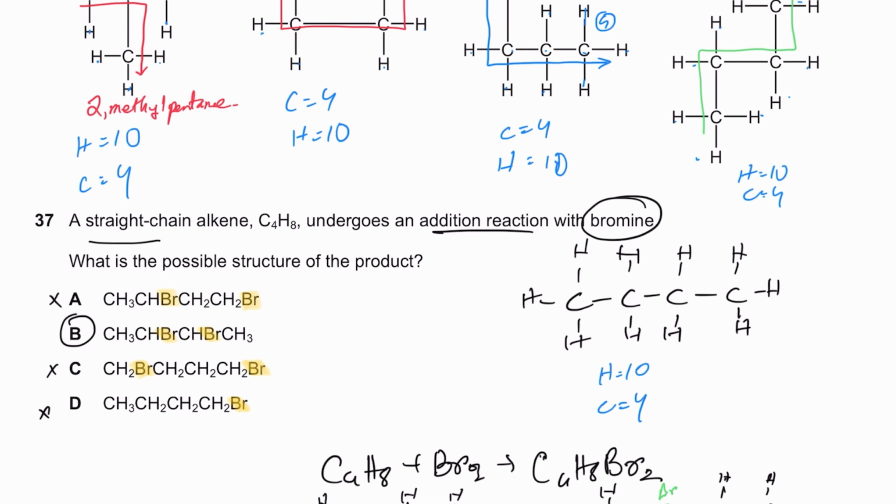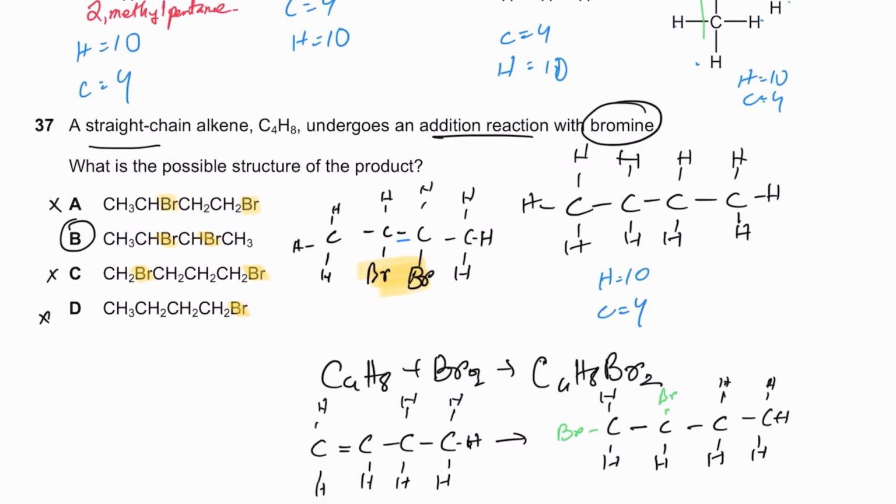The only option is this, because now if we actually draw this diagram-wise, CH, so we actually have to draw it like this. So over here we have the bromine, and the original one, without the bromine, would have had a double bond over here.